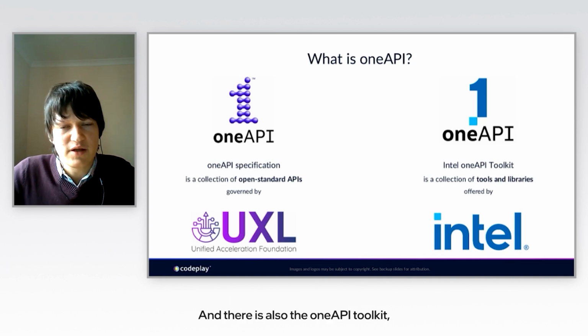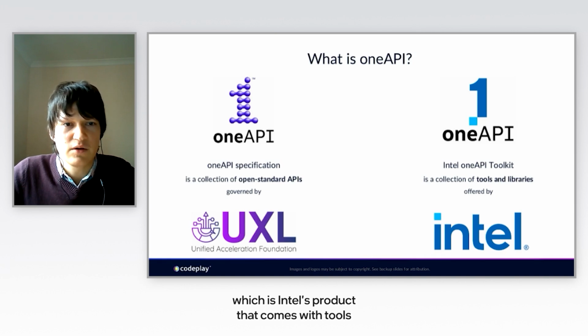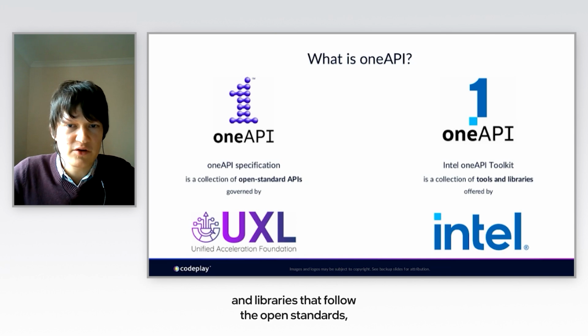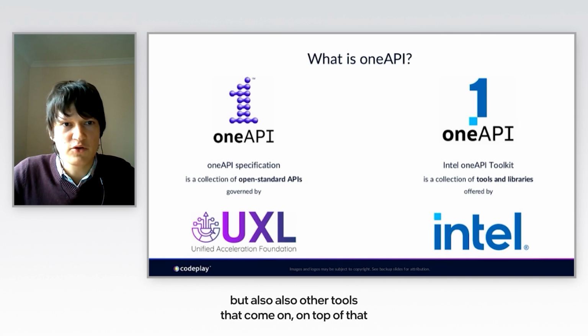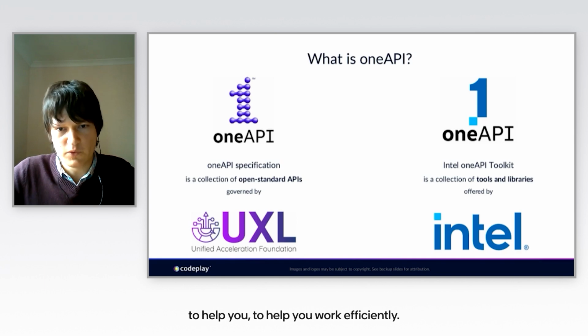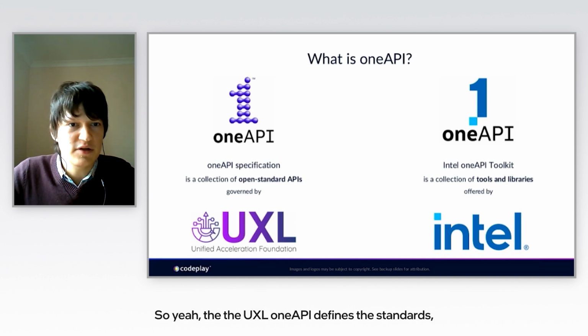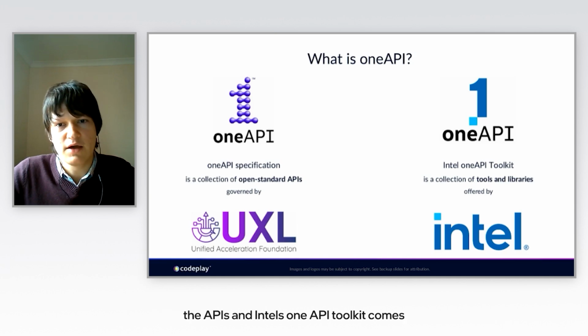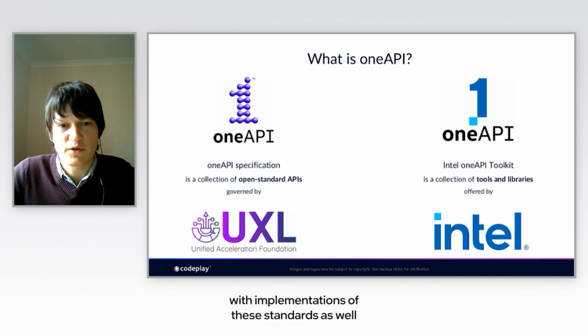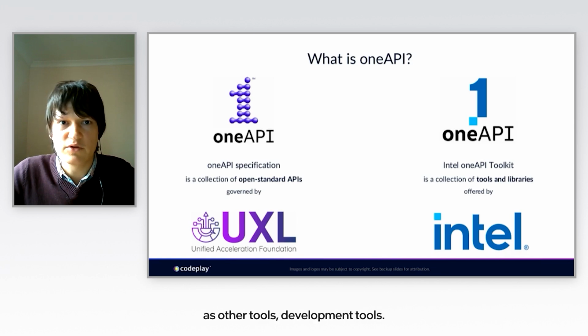And there is also the oneAPI toolkit, which is Intel's product that comes with tools and libraries that follow the open standards, but also other tools on top of that to help you work efficiently. So the UXL oneAPI defines the standards and the APIs, and Intel's oneAPI toolkit comes with implementations of these standards, as well as other development tools.